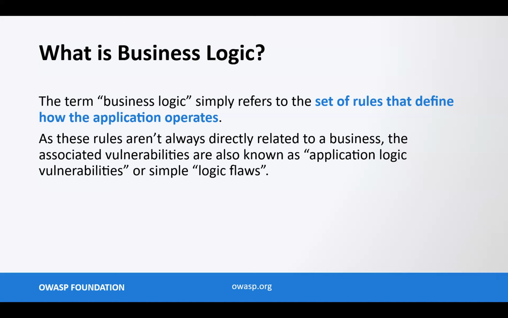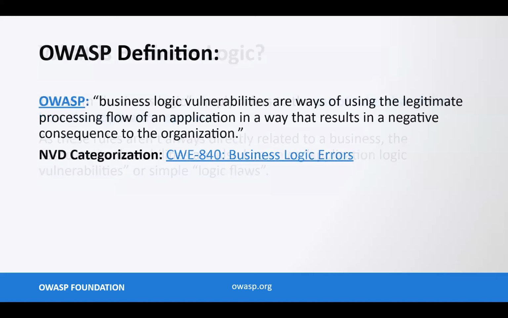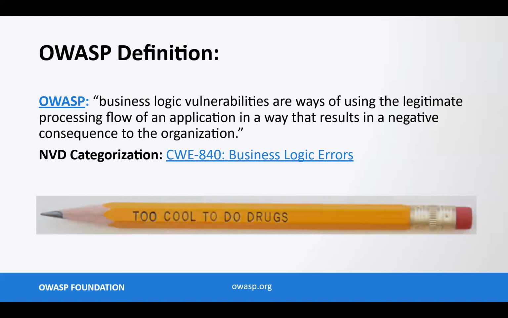So a lot of times they're often called application logic vulnerabilities or just simply logic flaws. And the OWASP definition is: business logic vulnerabilities are ways of using the legitimate processing flow of an application in a way that results in a negative consequence to the organization.